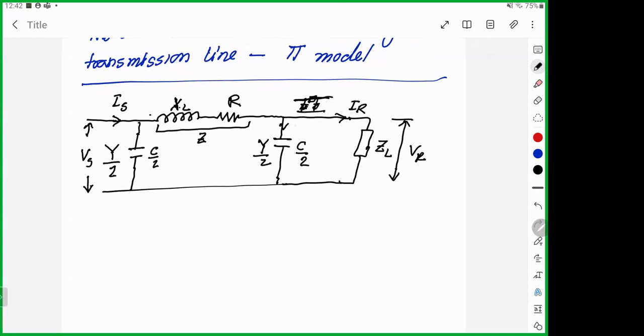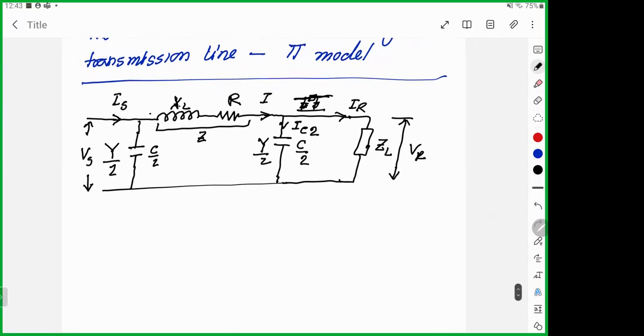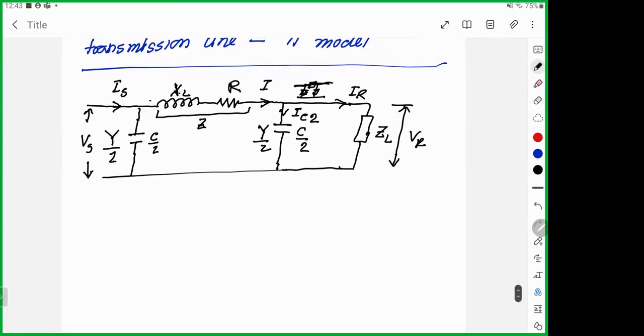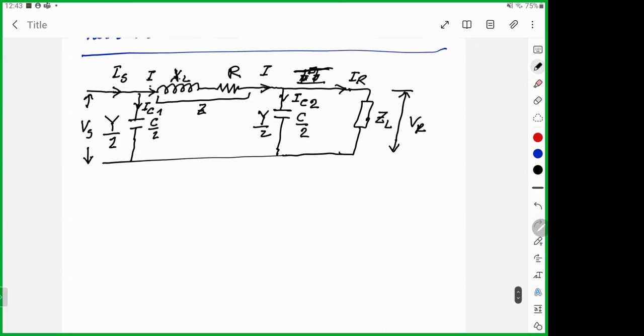I will have one current going through this branch, let's say IC2, and then these two currents, IR and IC2, will make this current I. And then I will have IC1 here, and this I will make my current IS.